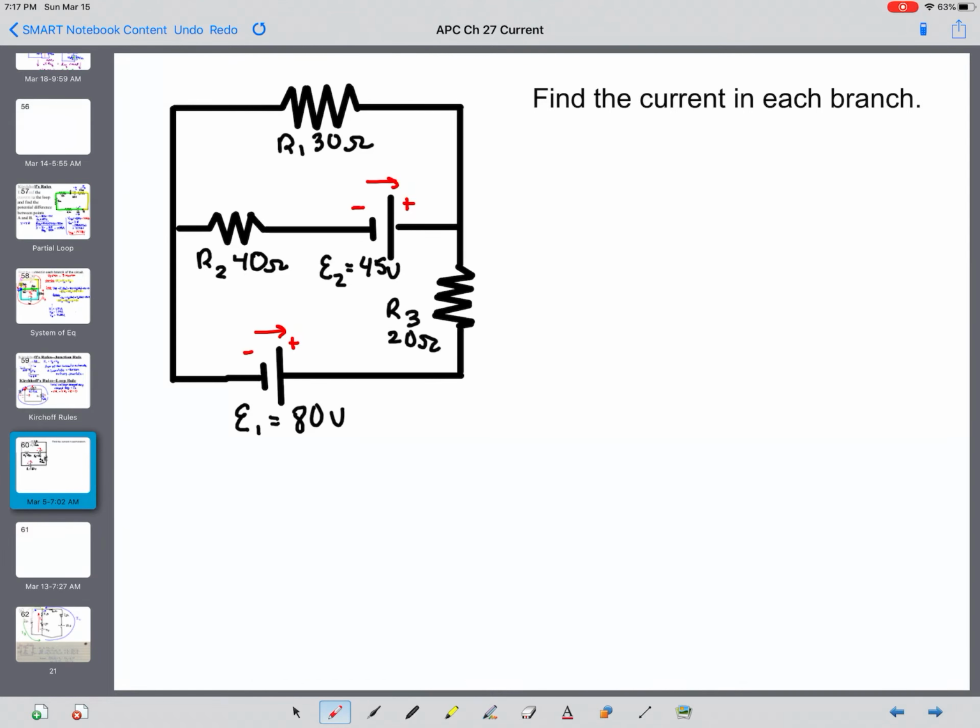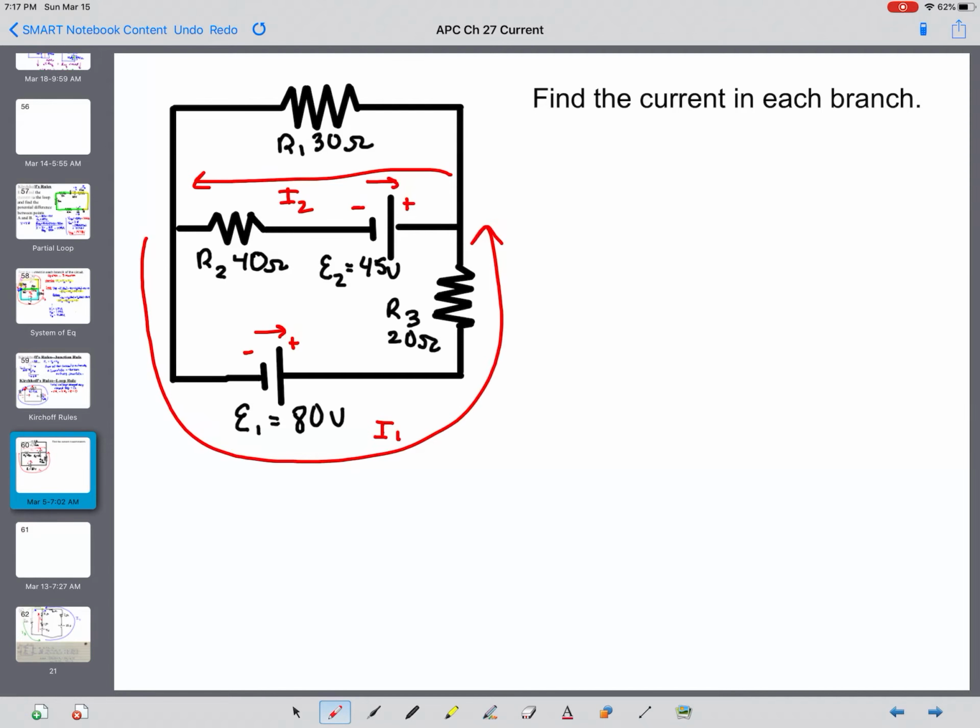So then I'm going to specify in my bottom branch here I1 around in that direction. I'm going to have it force the current across the middle branch. I2, just looking for somewhere to draw it. We'll just draw it up there. There's I2.